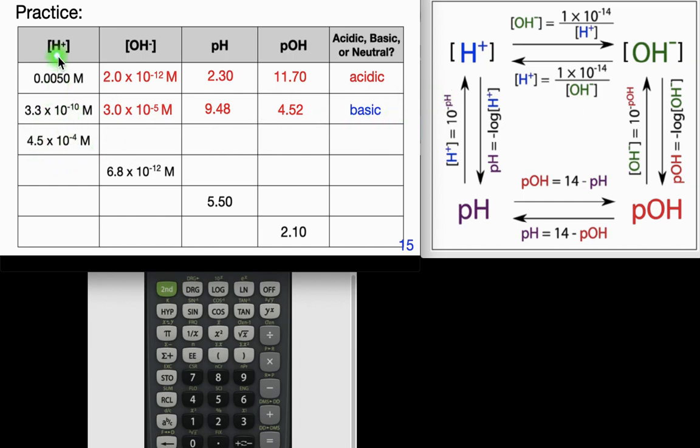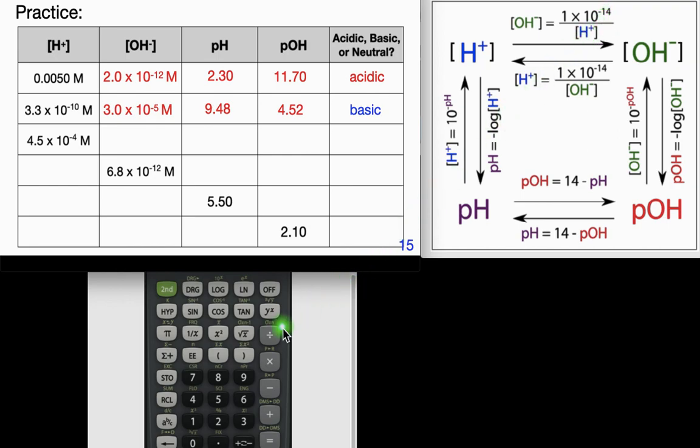Let's convert directly from the hydrogen ion concentration to the hydroxide ion concentration, and that's this arrow here. To do that, we're going to need to divide the hydrogen ion concentration into 1 times 10 to the negative 14. So go ahead and type in 1 times 10 to the negative 14, so that's 1 EE 14, change the sign on it.